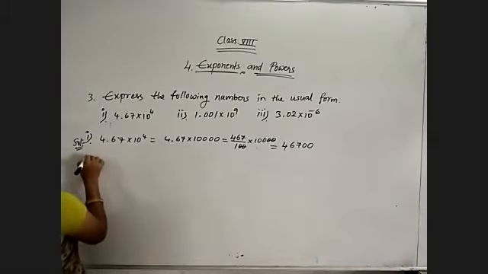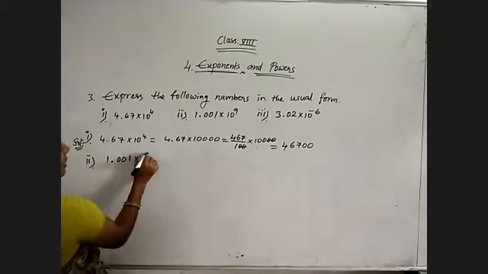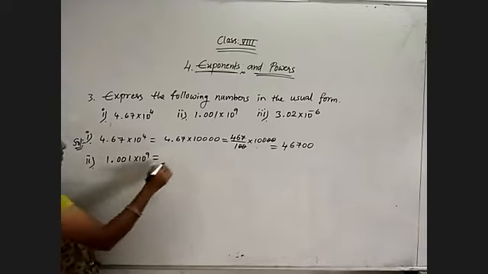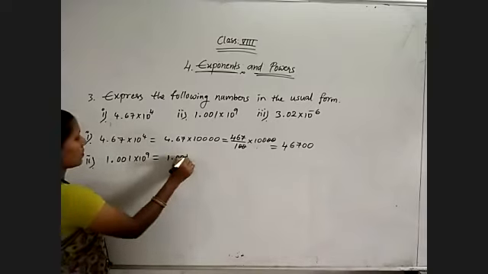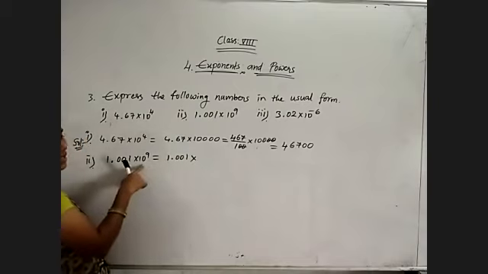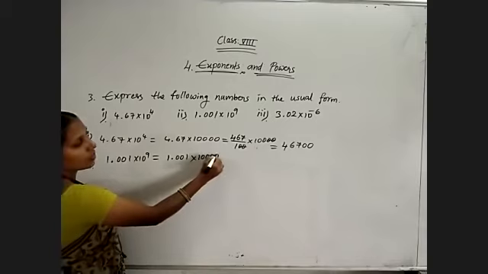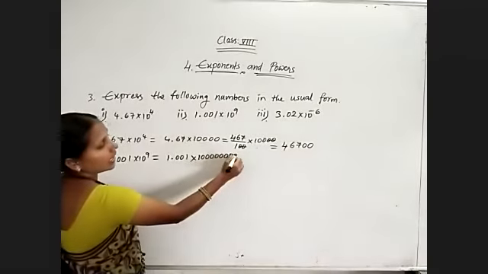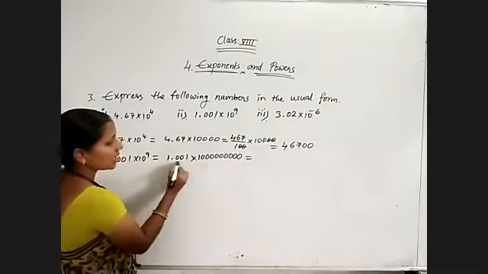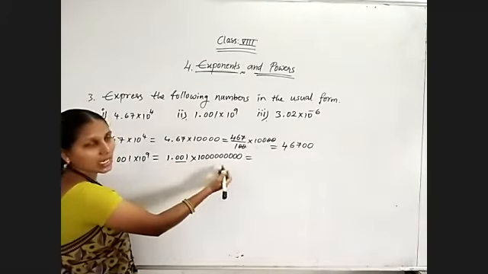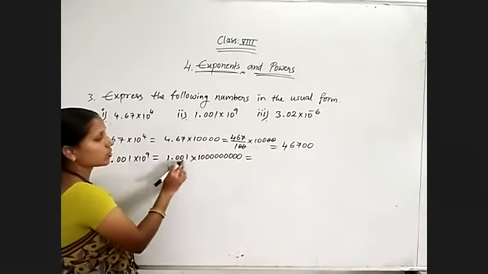Now coming to the second problem. 1.001 into 10 power 9 means 9 zeros: 1, 2, 3, 4, 5, 6, 7, 8, 9. Observe here 3 decimal digits, so 9 minus 3, 6 zeros will get.